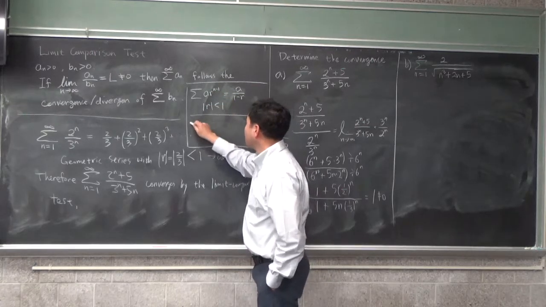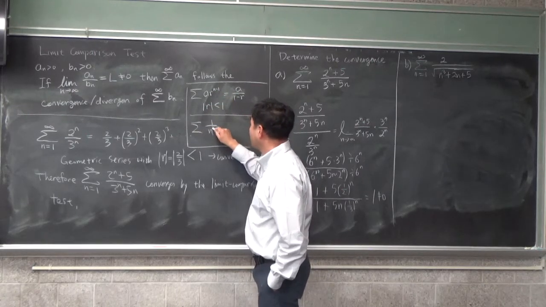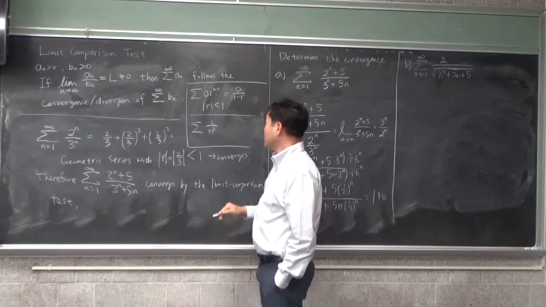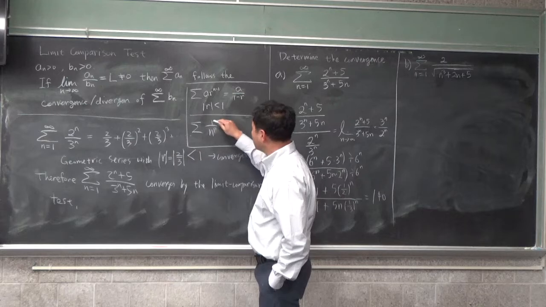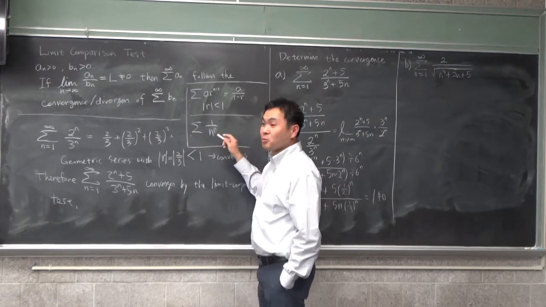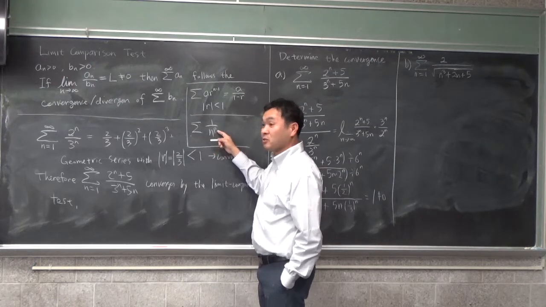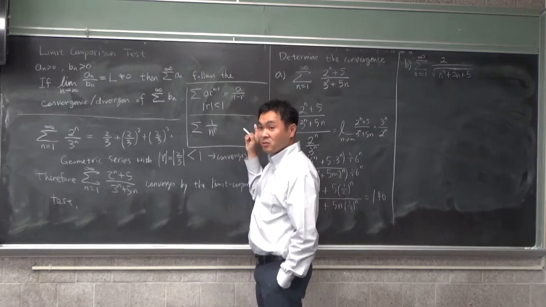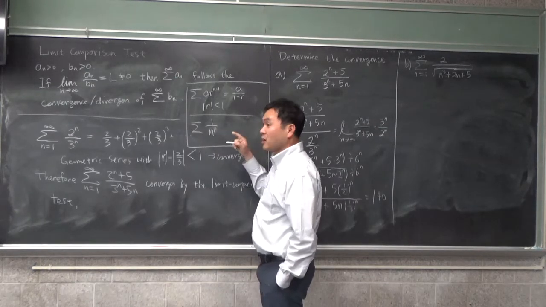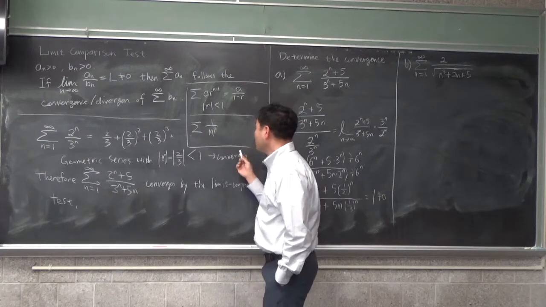So that's called the geometric series. And the other one is what we call the p-test, 1 over n to the pth power. This we know to be divergent if p is 1, and if p is 2, it's convergent. And anything in between, here's the criteria.